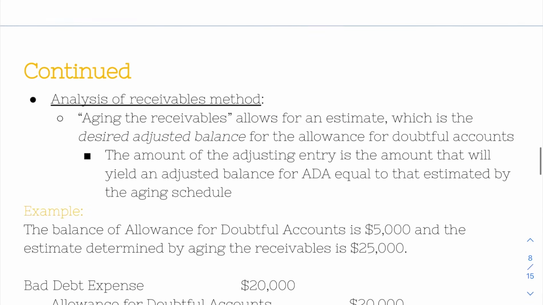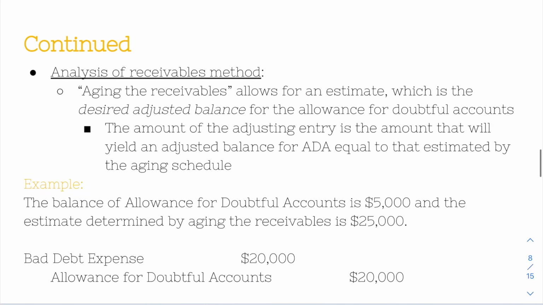Okay, on the other hand, we've got analysis of receivables or aging the receivables. And this method allows for an estimate, which is the desired adjusted balance for the allowance for doubtful accounts. So this is the key phrase right here, desired adjusted balance. It's what we want the balance of that account to be.